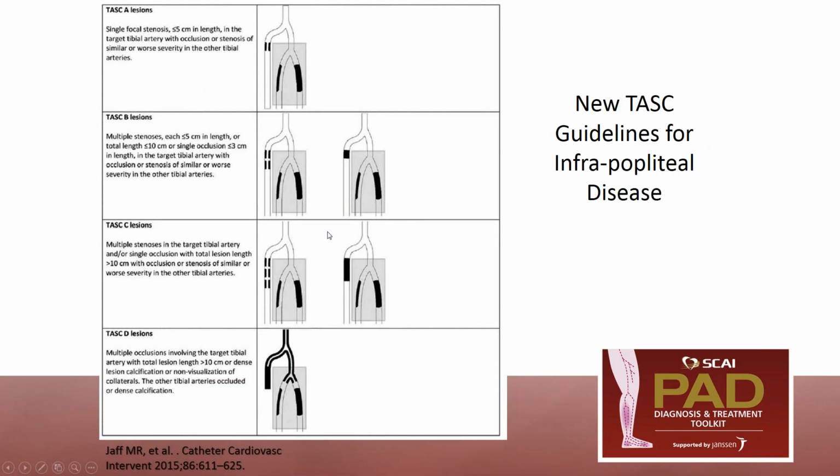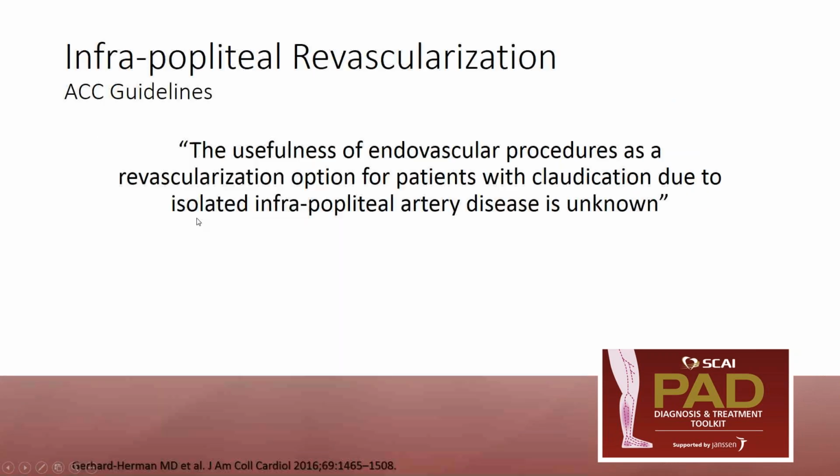If you look at the new TASC guidelines, which were published by Dr. Jaff and CCI in 2015, this is an update. Remember, the original TASC guidelines did not have anything regarding infrapopliteal disease. This more clearly defines what TASC A through D lesions are, again favoring, in this arena, balloon or endovascular therapy, as this is appropriate for these lesions.